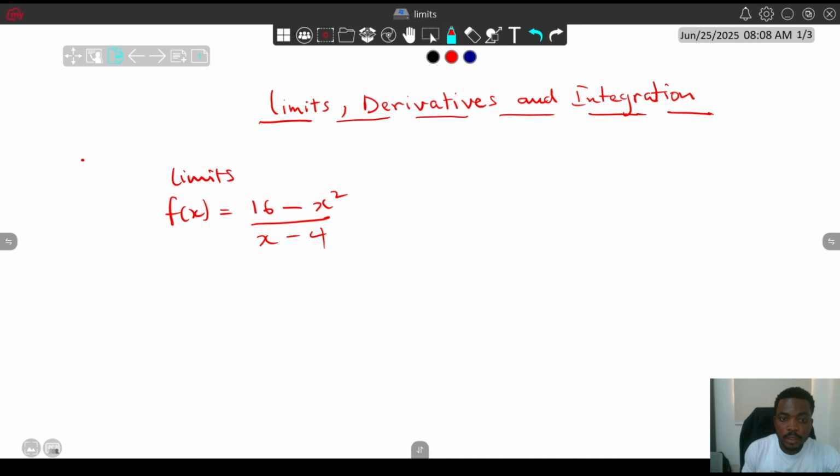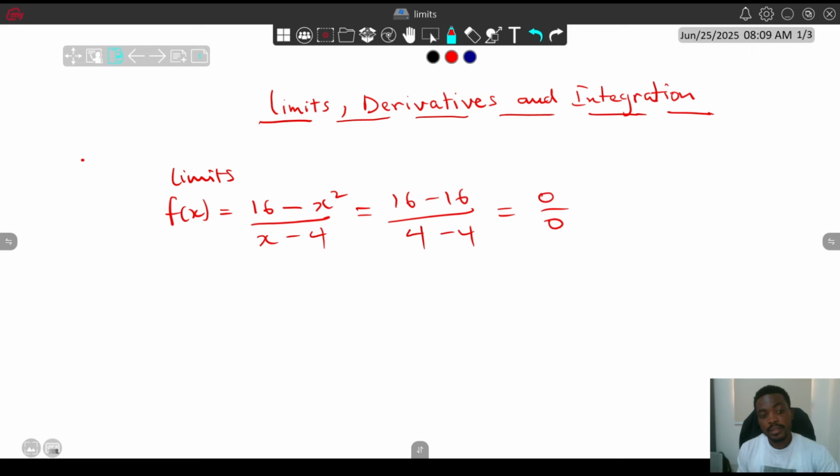Obviously, you can see that when x is equal to 4, the function is indeterminate. If x equals 4, we have 16 minus 16 over 4 minus 4, which is 0 over 0. And obviously, this is indeterminate, right?